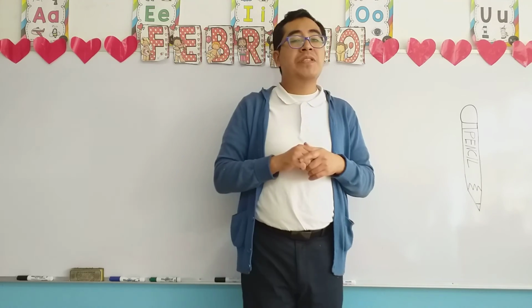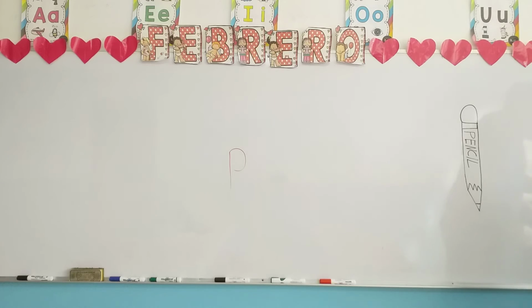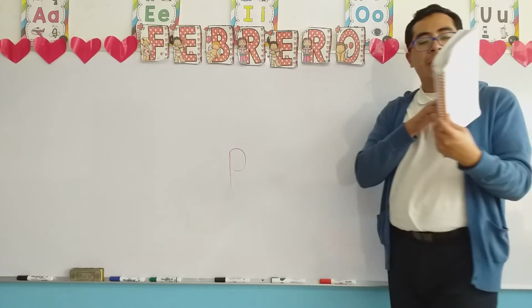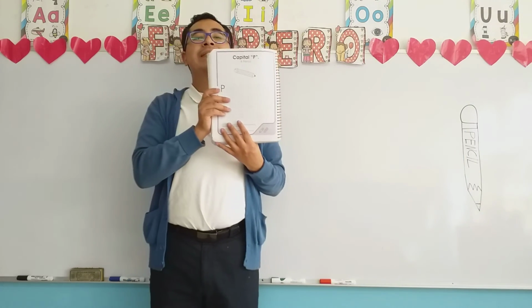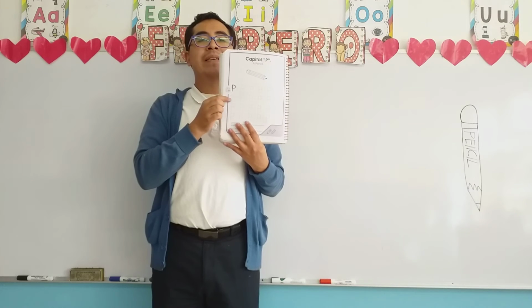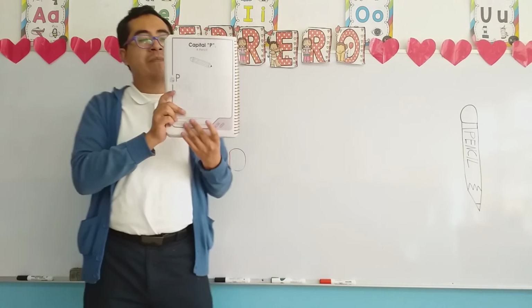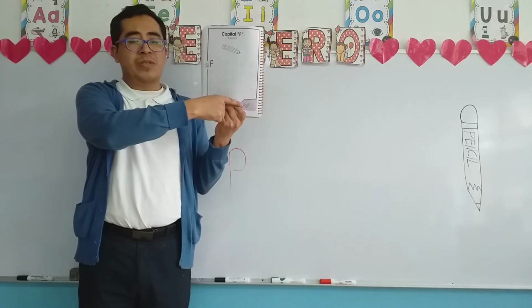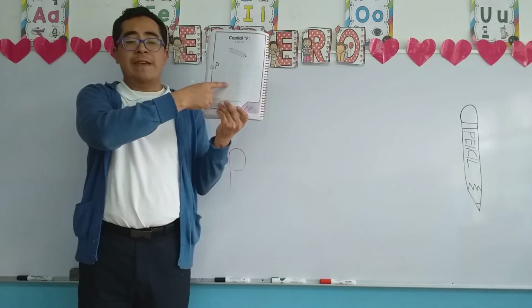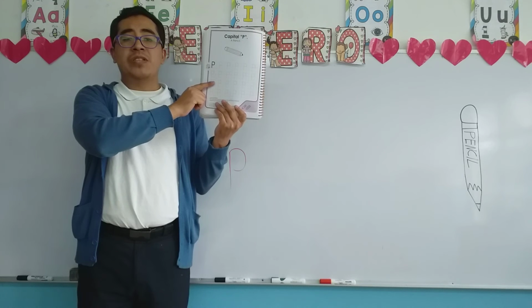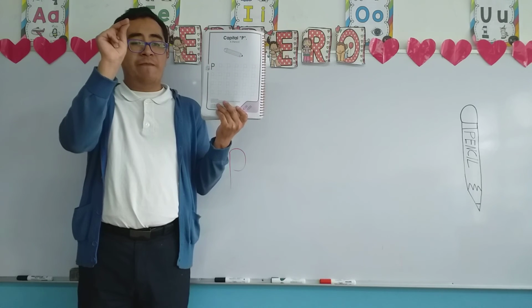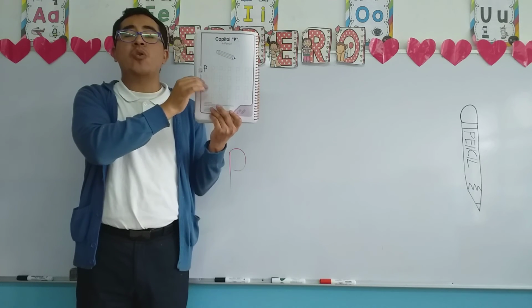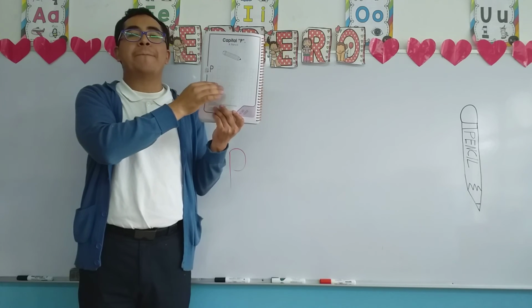Now, the activity of today is located right here on your teddy book, page 160. So remember, the activity is divided into parts. The most important part goes right here. So using your pencil, holding it properly, 3 fingers, we have to trace all capital P's.